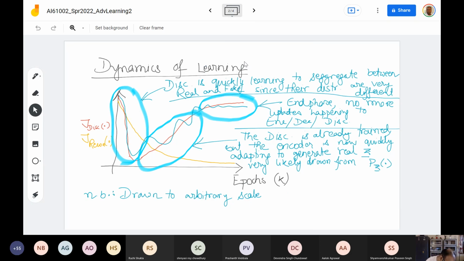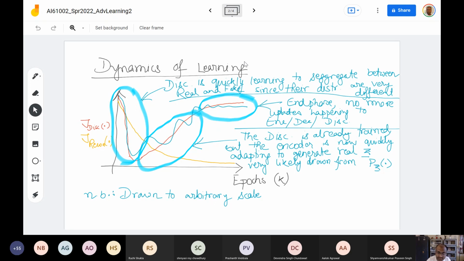So now what is happening over here? Your JD is this one in red. Initially, JD has decreased. How has it decreased? Because the discriminator has updated itself so that it can discriminate between what is coming from the real and what is coming from the fake.